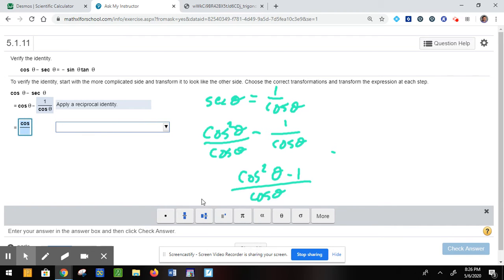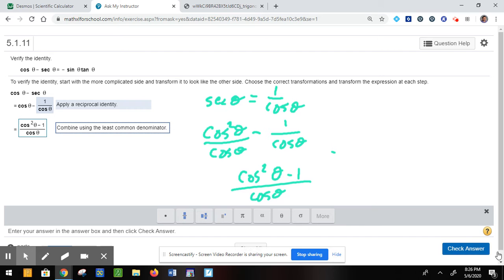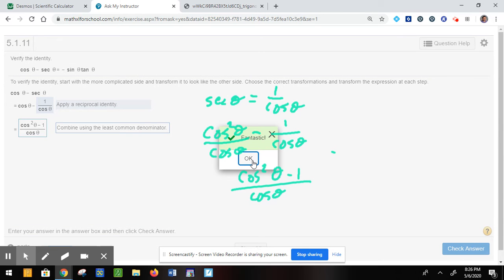So for cosine, I need to input the exponent of 2. That's the angle, minus 1, over cosine theta. And then the reason we were able to do that is we were able to combine them using the least common denominator.